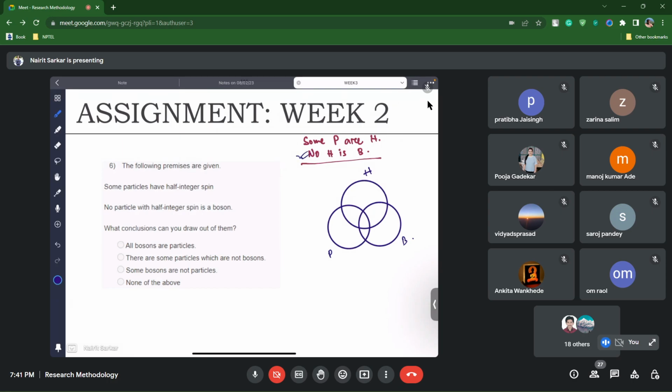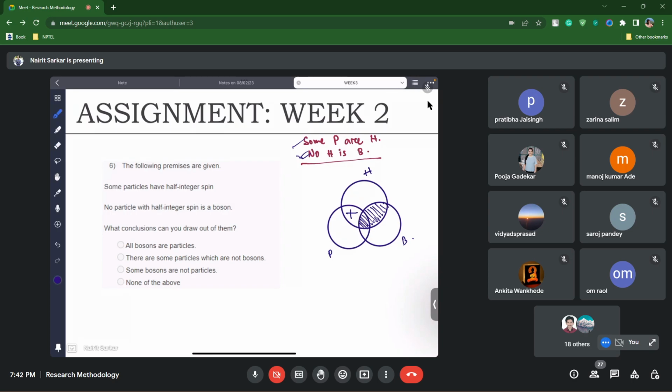No H is B. So the region between H and B should be shaded, right? And then second one is some P is H. So there is some P which is H. So now which one should be the answer here? Which one?